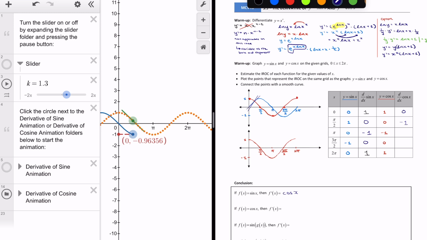At pi, it was at 0. At 3 pi over 2, it was at 1. And then finally at 2 pi, it ends at 0, as you can see there. And so if we graph this, it starts at 0, and -1, then back to 0, then 1, and 2 pi.